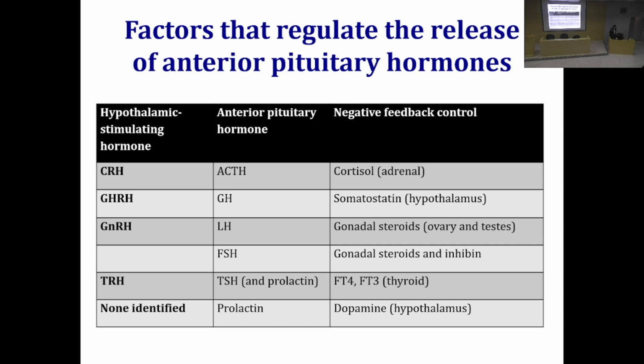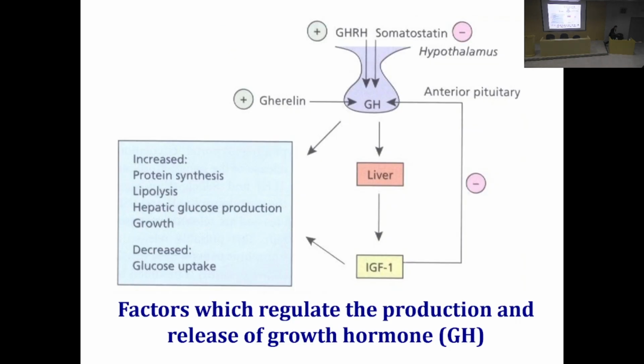However, the exception here would be growth hormone. There is an inhibitor that is known as somatostatin, also from the hypothalamus. All right, so this is just a quick recap about the anterior pituitary hormones and the factors that regulate them, either positively or negatively. And now I'll start my talk.